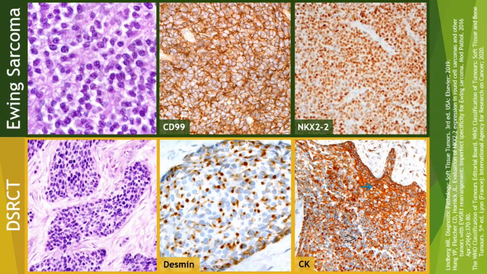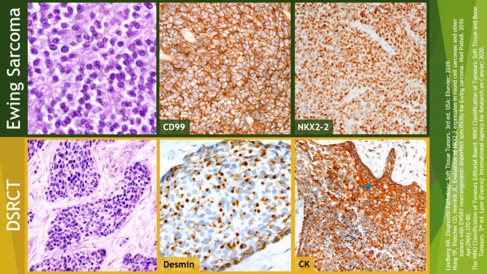Now, there is an IHC that's being used for Ewing sarcoma, which is NKX2-2, as we see here in the slide, and it is positive in most cases. We're gonna discuss this in the next slide. On the other hand, desmoplastic small round cell tumor has a so-called polyphenotypic pattern of IHC expression.